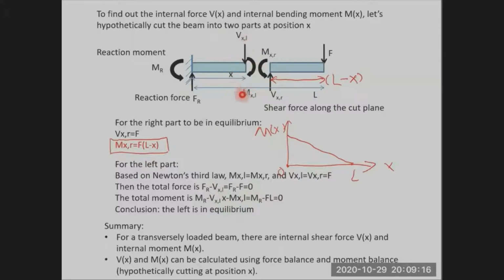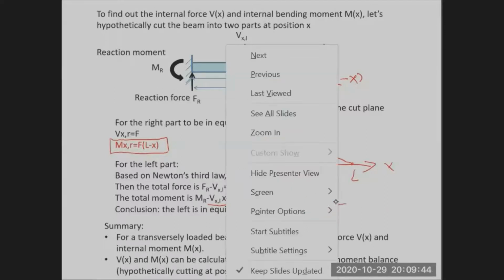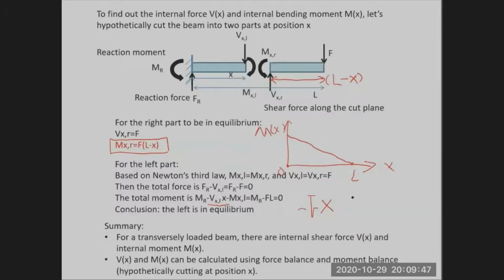So there are two moments here. Let's calculate this total moment. VxL times x is equal to Fx, since VxL is F, and MxL is equal to MxR. So that's F(L minus x), and this one equals MxR.